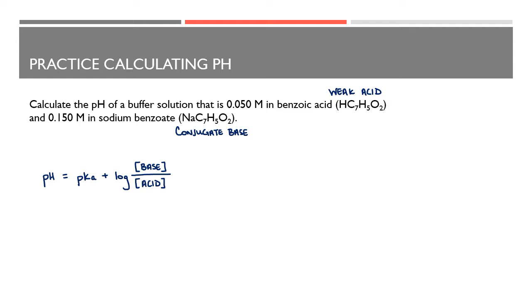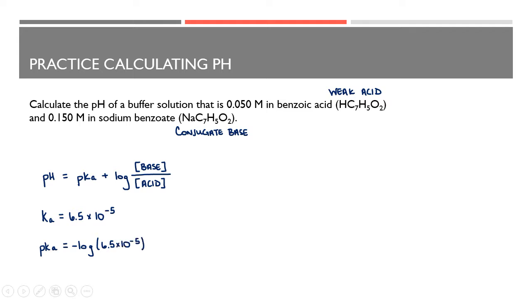When we calculate this, the first thing we need to do is establish what our Ka value is. The Ka for benzoic acid is 6.5 times 10 to the negative fifth. This is pretty small, meaning the benzoic acid isn't going to dissociate very much, so our x value is going to be very small, which means we can use the Henderson-Hasselbalch equation.